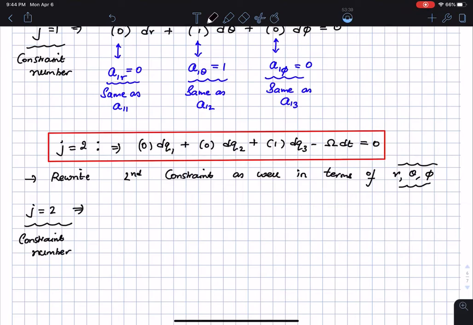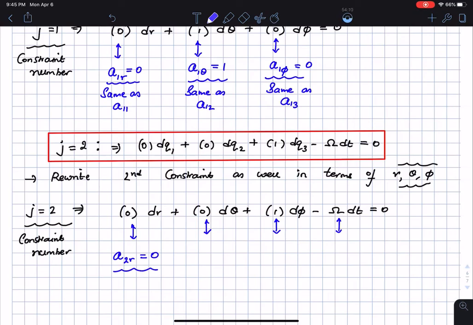Then this is going to be 0 times dr, 0 times d theta, 1 times d phi minus omega dt is equal to 0, which means that these coefficients are now going to be the following. There's one here, one here, one here, and also one here. You remember the term a_jt, right? That's that particular term here. So this is going to be a2r, which is 0. This is the same as a21.